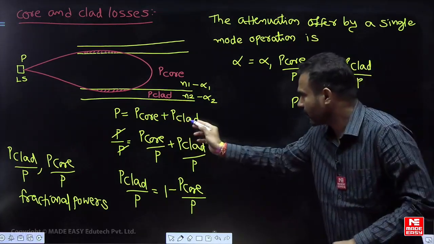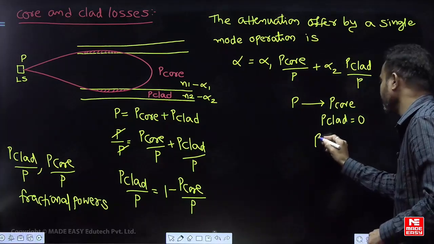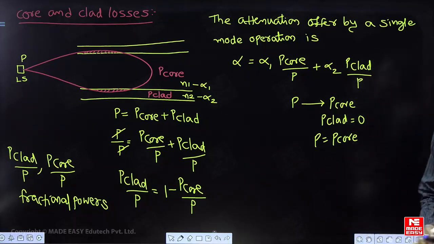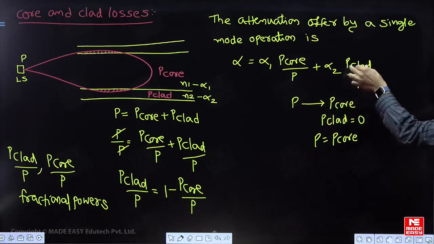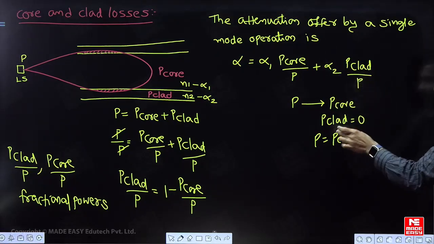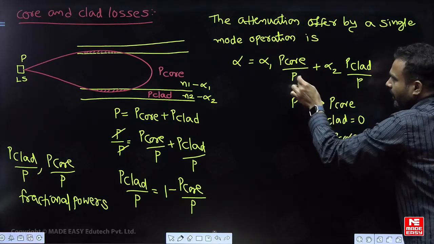Observe this part. If P clad is 0, then power P is equal to which value? P core. In this equation, if I put P clad as 0, this term becomes 0, and P is equal to P core, P and P core are the same, cancelled out.